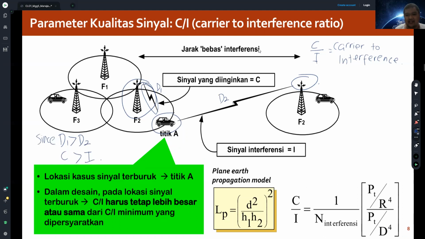Even though we are accessing on the boundary of the area over here, if the user is moving to the next adjacent cell, there will be a process called handover. So if the user moves from F2 to F3 over here, the process is different.